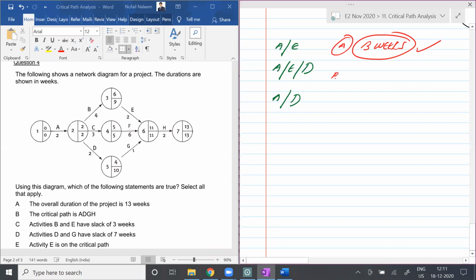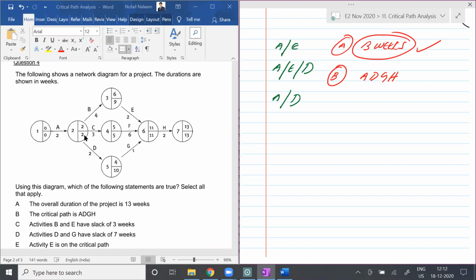The option B is clearly stating the critical path is A, D, G, and H. So if you see A, correct. But if you see D, where is D, students? D is here, right? But D is not forming an equal 10 by 10.